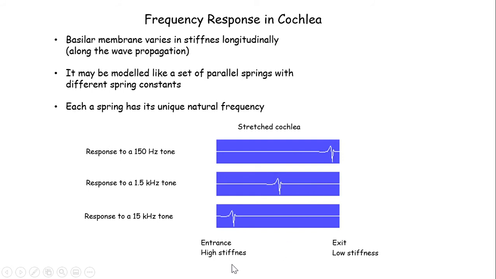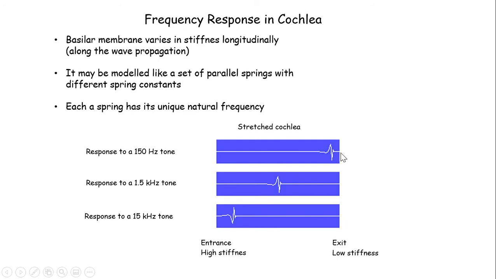Stiffness decreases from entrance to exit: high stiffness at entrance, low stiffness at exit, meaning that at the entrance, resonance occurs for high frequencies. At the exit, resonance occurs for low frequencies.